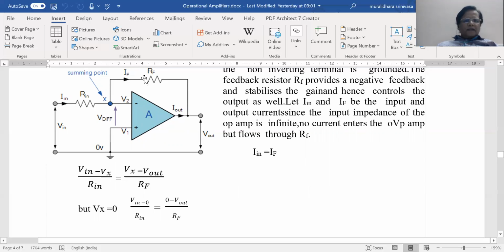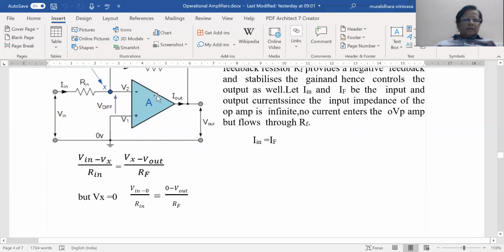Since all of this current flows into the output as If, if you calculate If, then If is potential at X minus potential at the output, so Vx minus Vout by Rf. Vx minus Vout is the potential difference between these two points, so the current should be Vd by Rf, Ohm's law.